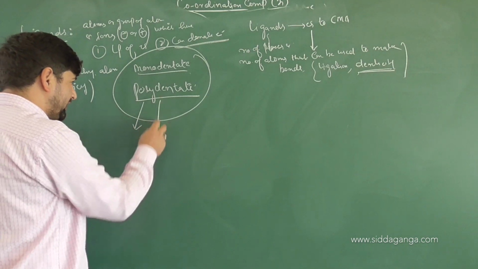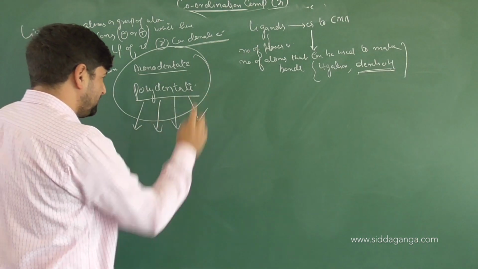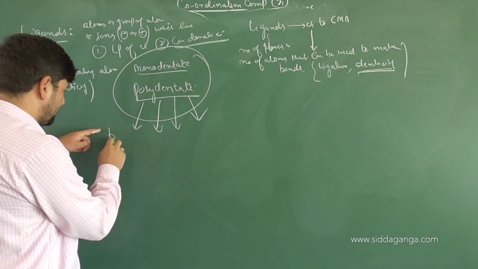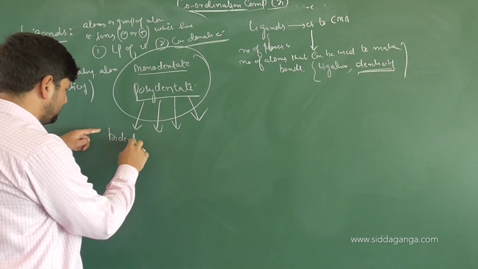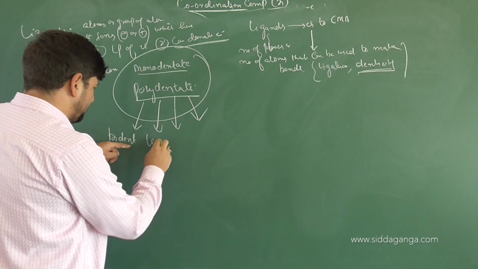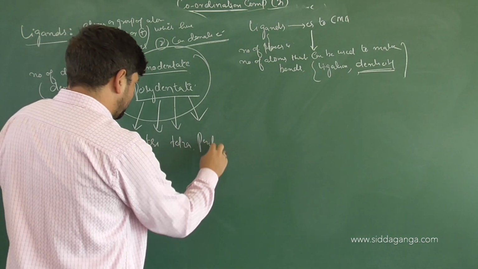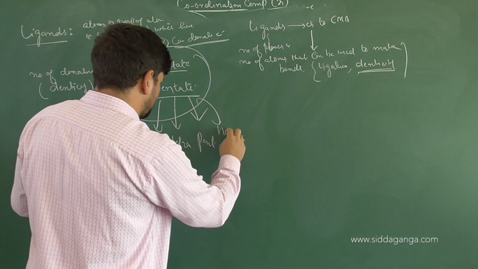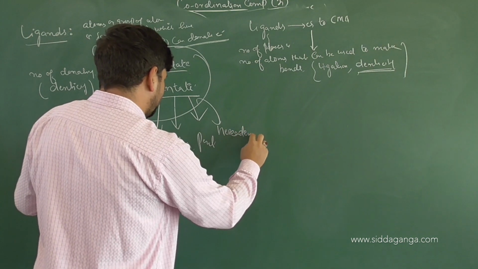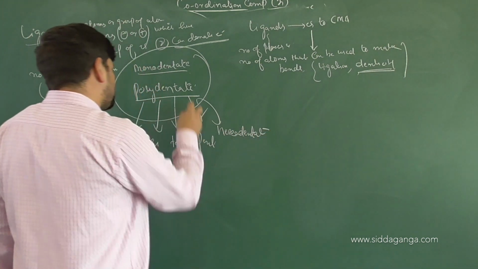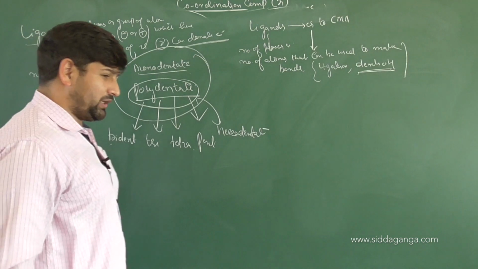In polydentate, you have further many classes. Polydentate can be bidentate or didentate. It can be tri, it can be tetra, it can be penta, and it can also be hexadentate. So polydentate ligands means what?